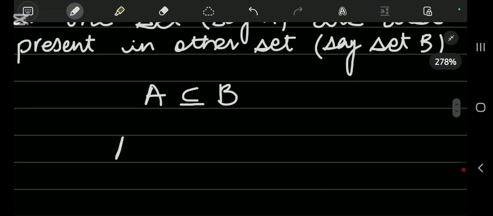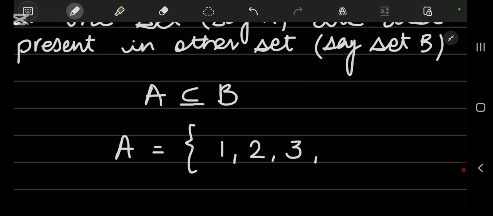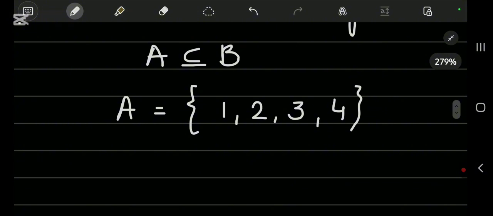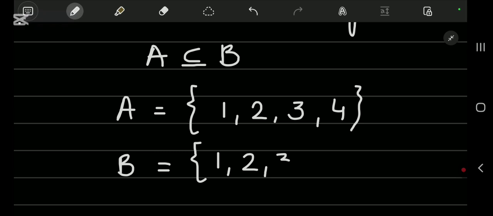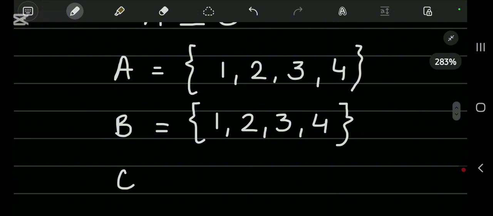So let's represent A and B. Let's take some examples. For example, 1, 2, 3 and 4 is your set A, and your set B is having 1, 2, 3, 4, or also you can take C, which is going to be 1, 2 and 3.